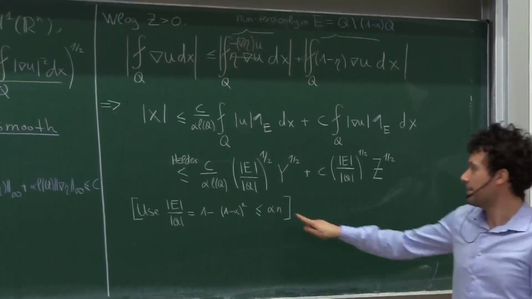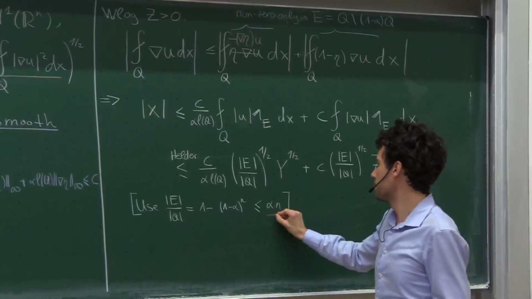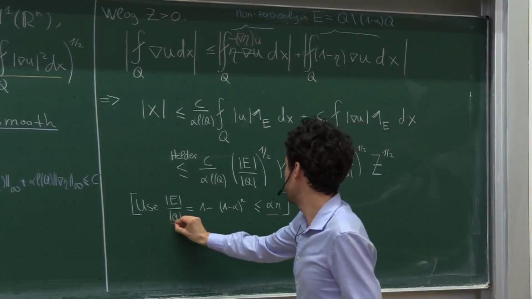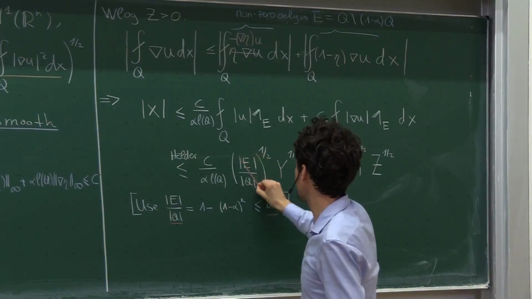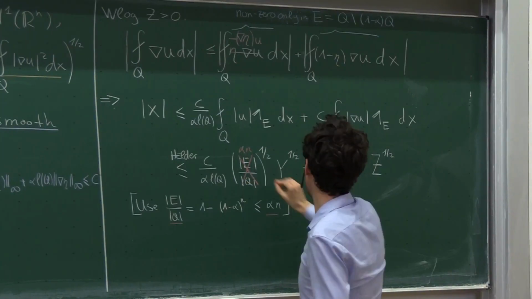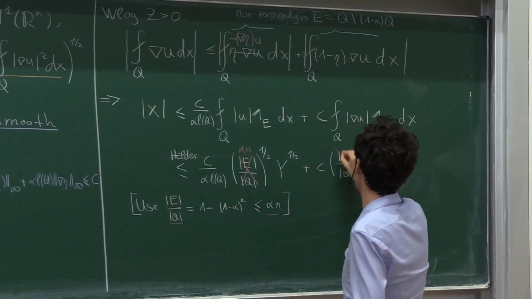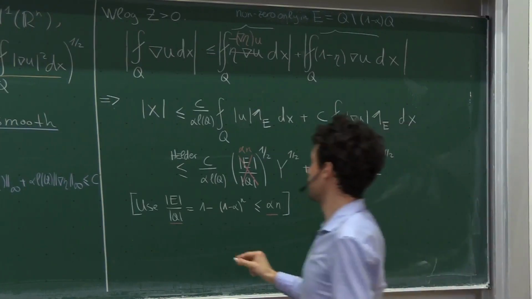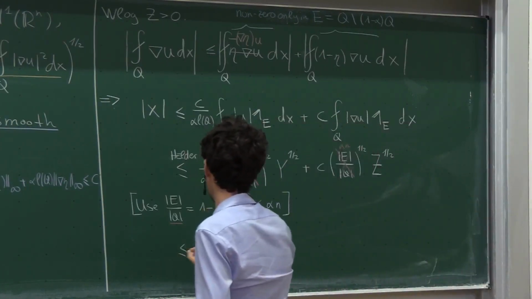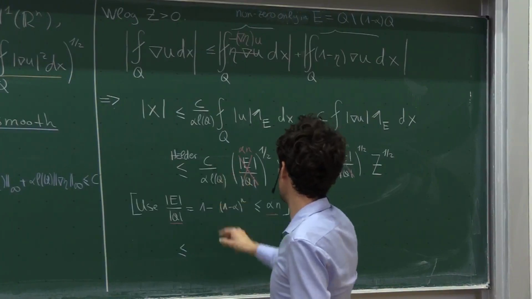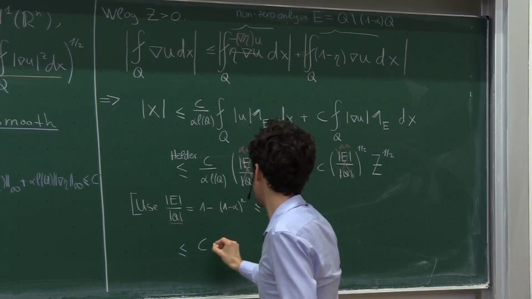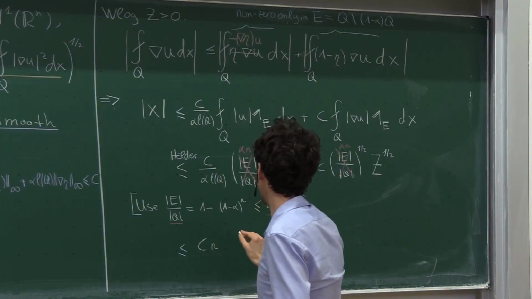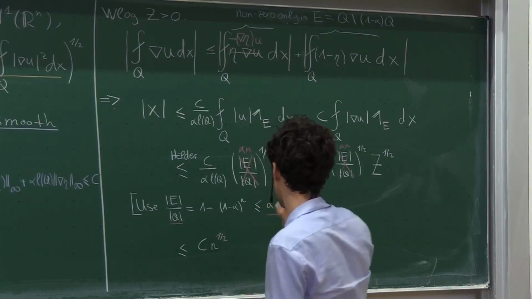Okay, so this alpha n, then I use this bound, right? This bound over here I use to replace this guy by alpha n, and this I replace by alpha n. Okay, and then I sort out terms, and I continue my estimate by saying, well, this gives C times n to the 1/2.